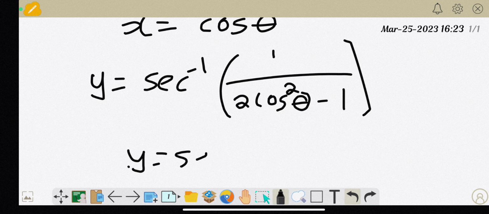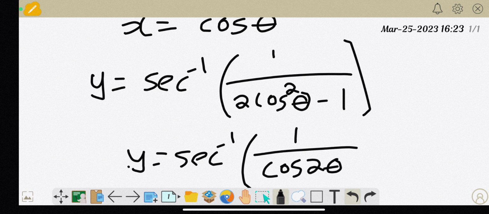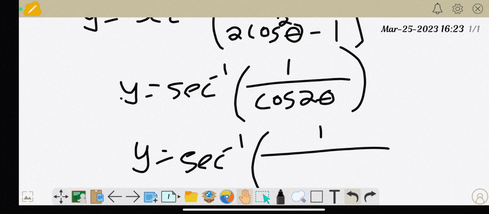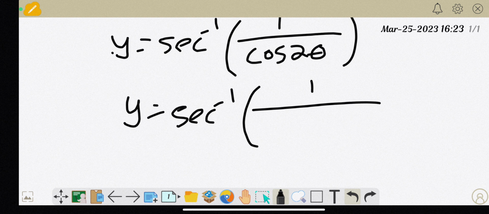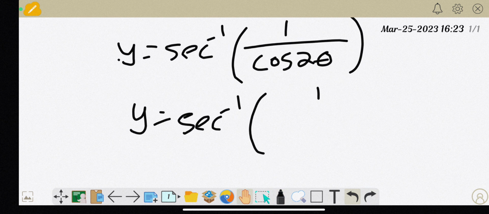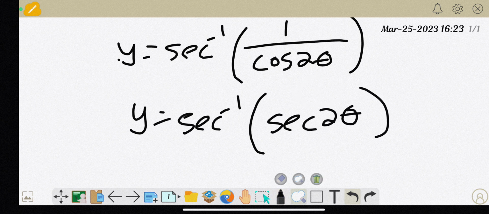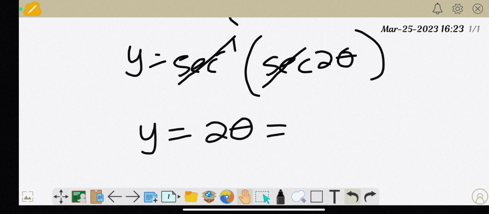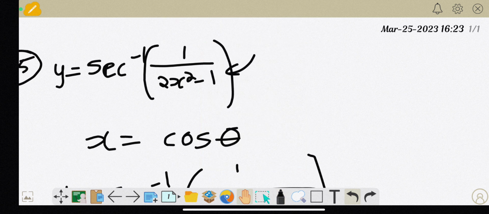So y is equal to secant inverse 1 by cos 2 theta. If I take the reciprocal, 1 by cos is secant, so it is secant 2 theta. So secant and secant you can cancel. So y is equal to 2 theta. So what is theta? From this relation, theta is equal to cos inverse x.